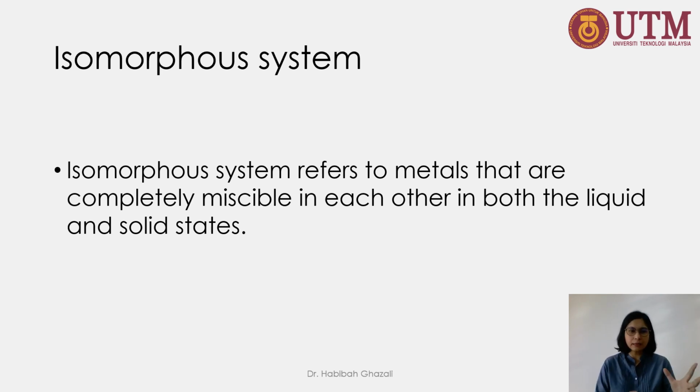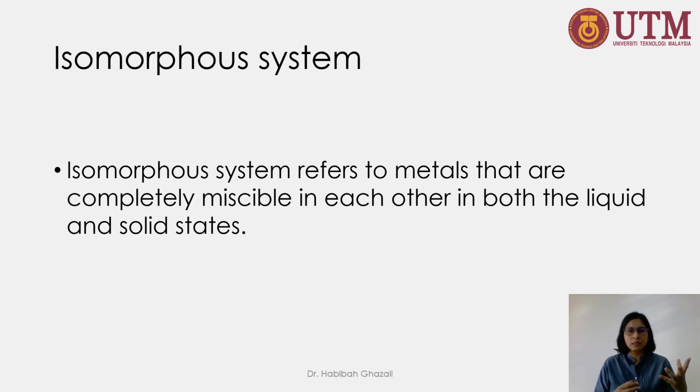So if you have 90% of water and 10% of alcohol and you mix them together, it doesn't matter at what temperature and it doesn't matter at what composition of this water and alcohol, they will mix together. Even if you add up to 20% of alcohol to 30% of alcohol, they will be miscible in each other.